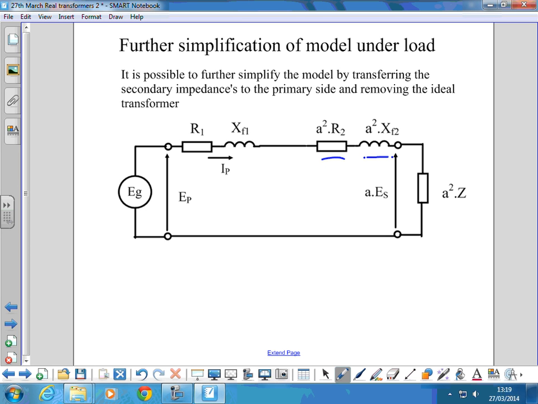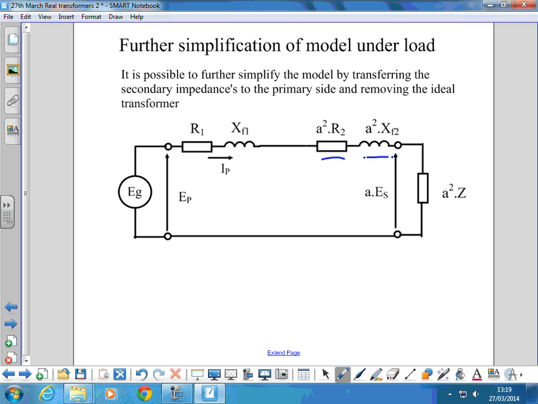What we're really interested in is modelling how the terminal voltages and primary and secondary currents are going to react to changes in the load on the transformer. To do that, we need to know what effect these components are going to make, but we don't necessarily need to work with their individual values separately. What's the point in calculating the volt drops across each of these when we can effectively add them all together and calculate one volt drop?